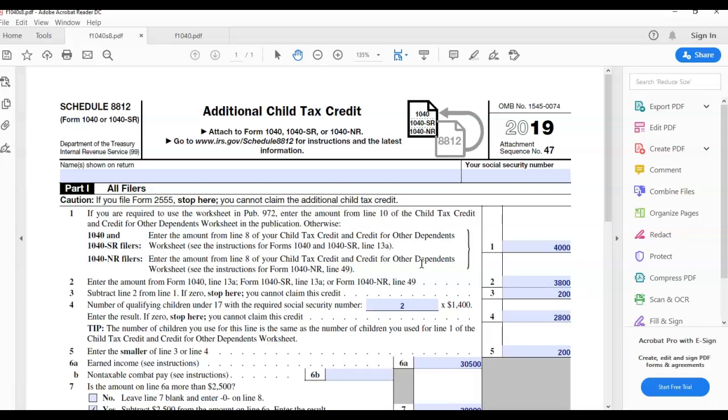Say for instance they would have used the full $4,000, then they wouldn't have been able to qualify for additional tax credit. So if you can remember that, anytime the child tax credit has been maximized by using it to offset tax liability, then you know you will not have to fill out the 8812 additional child tax credit form. And when it comes to using software, the software would let you know that.